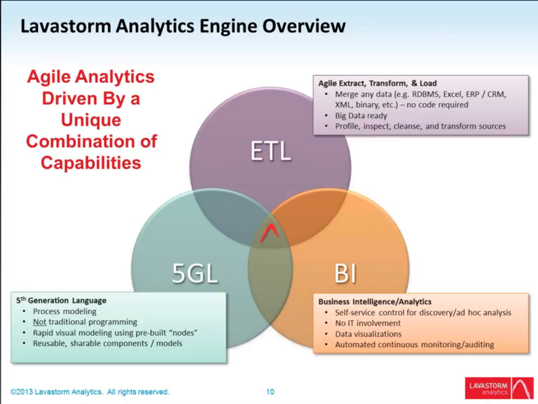Then that analysis is performed in a BI fashion, where we're asking questions of the data and seeing the answers rendered as graphical or tabular data sets. We're doing so in an automated fashion, so we can run it over and over again, and because we've been able to perform all of that ETL activity ourselves, we're doing it with a modicum of IT involvement, if any.